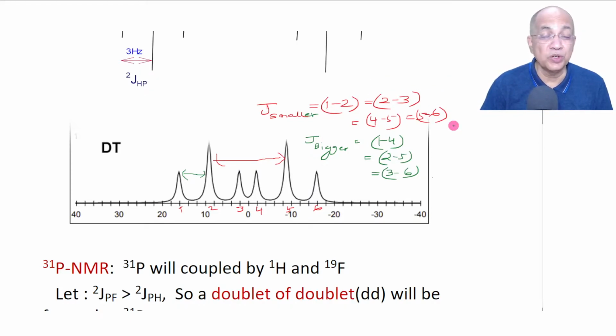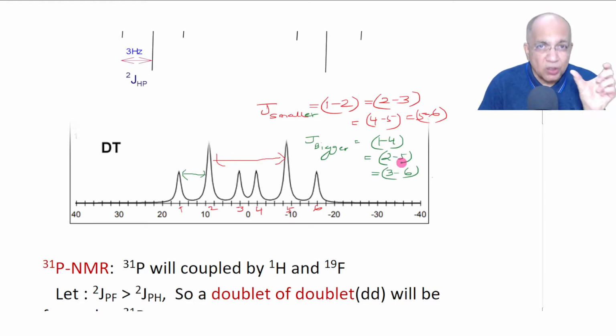The average value is expressed, right? And the larger coupling constant is between this point and this point. That means if you go one place left, then also go one place left. So it is the difference between the first peak and the fourth peak, or the second peak and the fifth peak, same, or the third peak and the sixth peak.